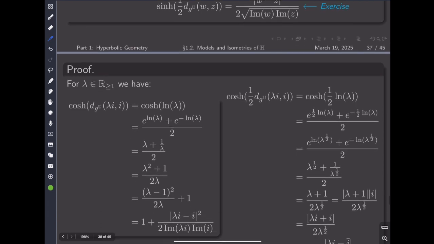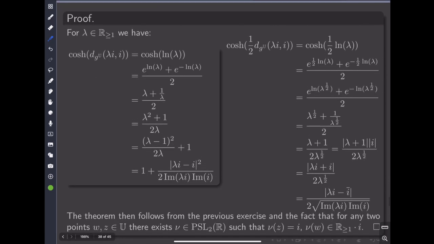So now, for a real number lambda greater or equal than 1, I'm going to take I and lambda I. Well, I want to compute this hyperbolic cosine of this distance. It's the hyperbolic cosine of the logarithm of lambda divided by 1, because here lambda is on top.